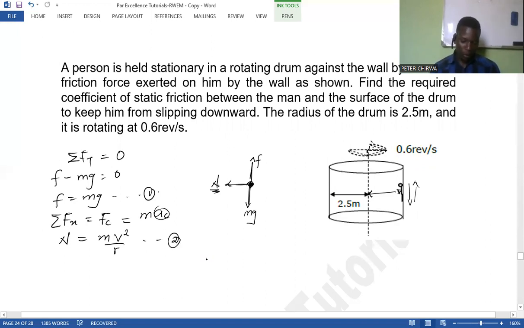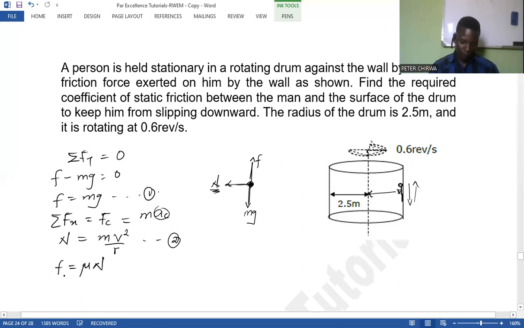Now, one other thing that we know is that there is a relationship between the normal force and the friction force. And the relationship goes like this. Friction force is given by the coefficient of friction times the normal force.